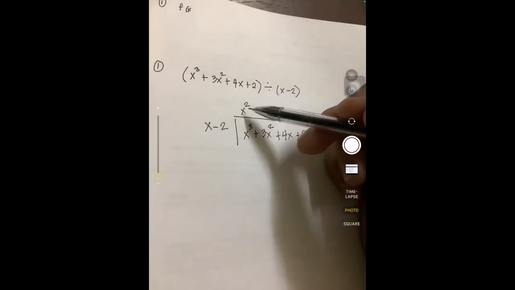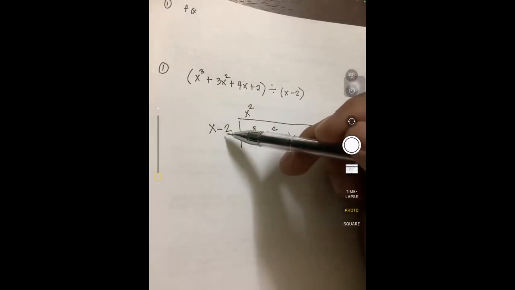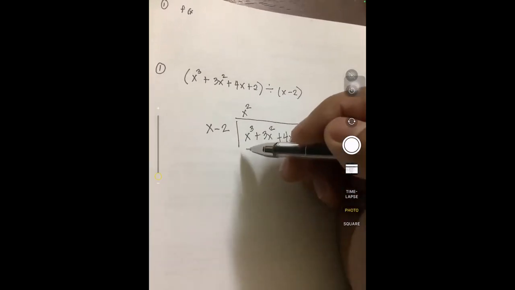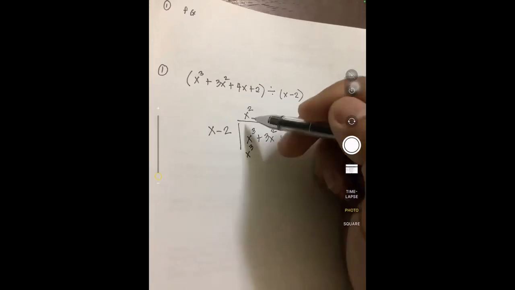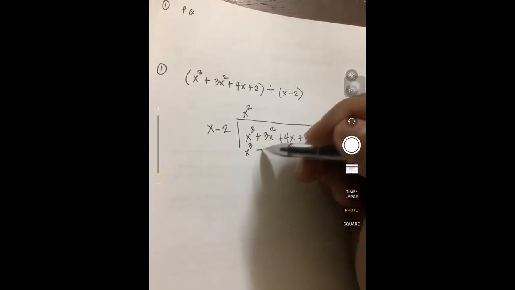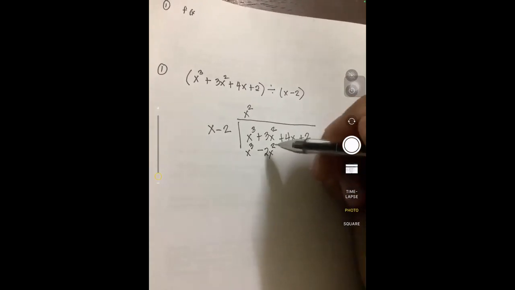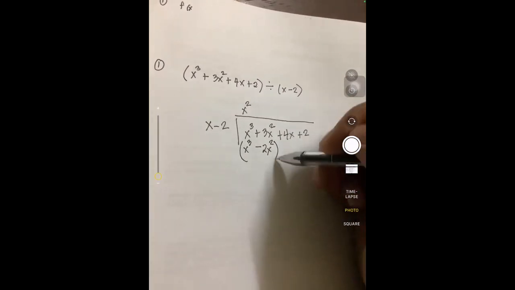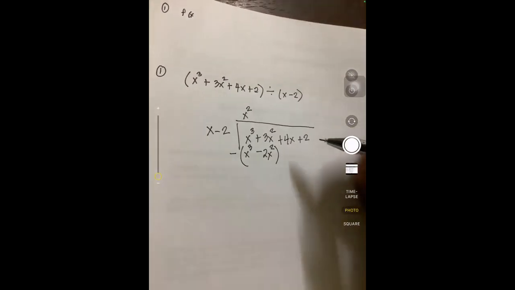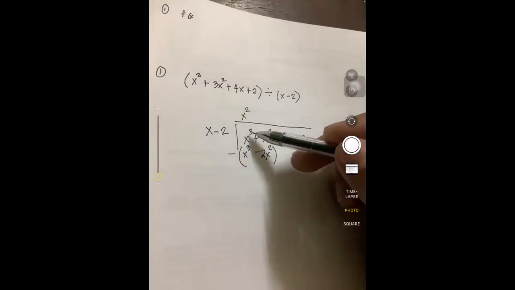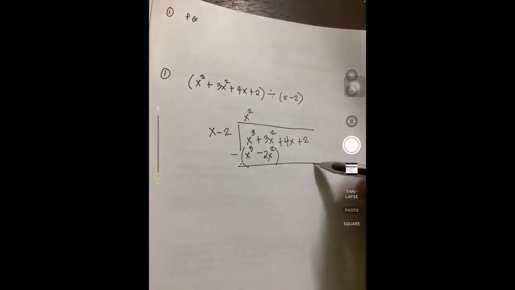Then the next step, we multiply the quotient to the whole divisor. That becomes x cubed. Then x squared times negative 2 becomes negative 2x squared. The next operation will be subtraction. 1 minus 1 becomes 0.